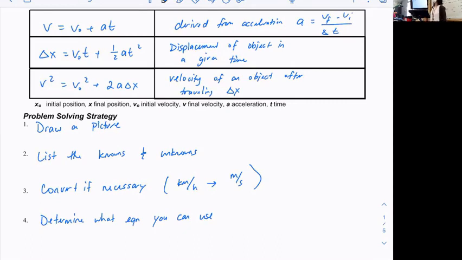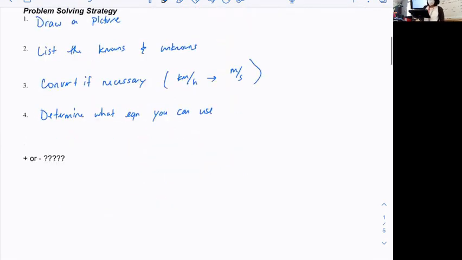Oftentimes in kinematics, the thing that's tricky is deciding what is positive and what's negative. In general, upwards or rightwards movement, you have a positive delta x, delta y, and a positive velocity.